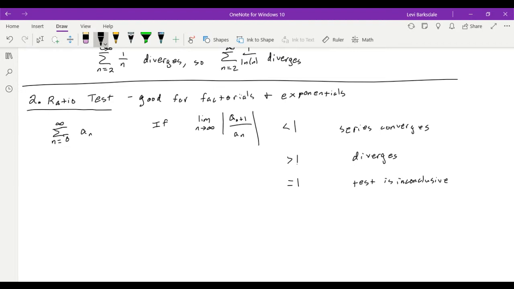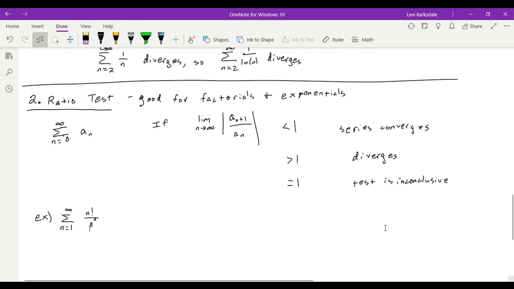So this might look a bit confusing, so let's try an example to help clear it up. In fact, we're actually going to use the exact same series from part 1, but not alternating. Sum from 1 to infinity of n factorial over n to the nth.